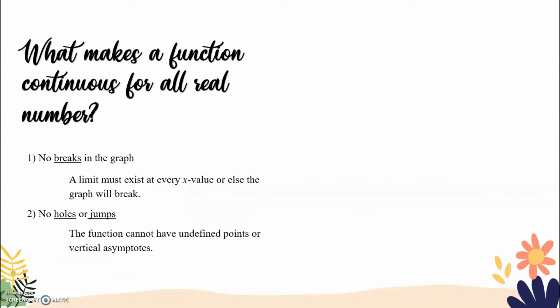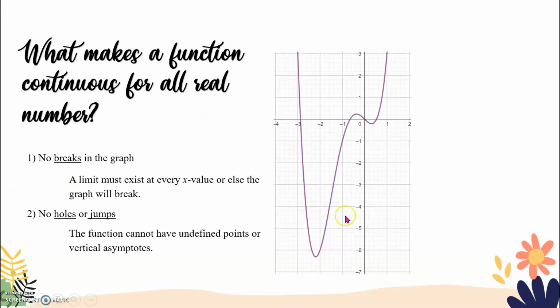Now, what makes a function continuous for all real numbers? All you have to do is inspect the entire graph. There must be no break in the graph, no hole or jumps. So, for example, we have here f of x.